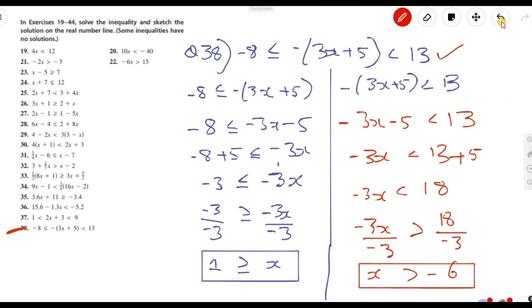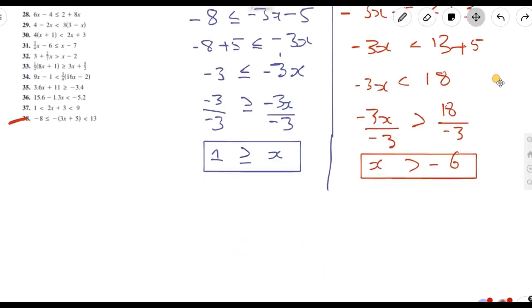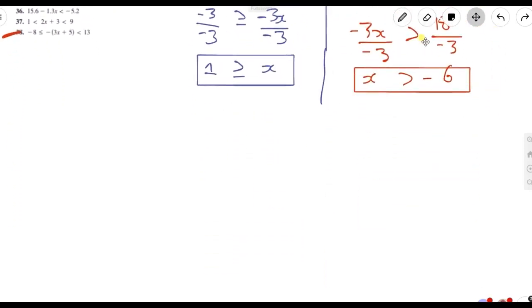After solving, you're going to combine these two solutions. So how are you going to do it? You see that x is less than or equal to 1, and x is greater than -6.